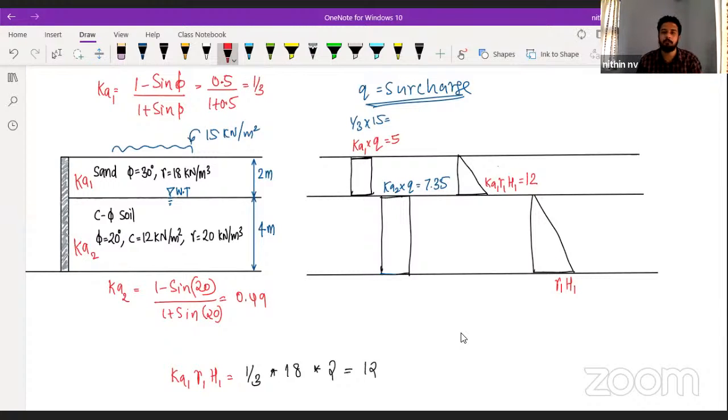Gamma 1 into H1 will have an effect on the second layer: Ka2 into gamma 1 into H1. Is it clear? We have taken the effect of Q, so Q into Ka1, Ka2. Similarly, the effect of this sand layer: gamma 1 H1 into K1, gamma 1 H1 into K2. Similar to Q. Clear? The only difference is that it keeps on varying, but for Q it will be constant.